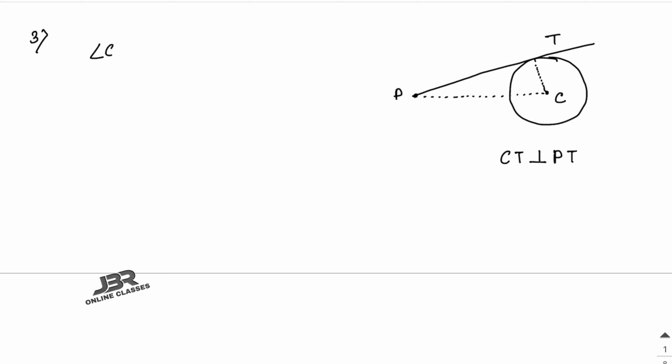That means here angle CTP equal to 90 degree, and here CT equal to the radius of that circle. Okay, that means here CT equal to 3 centimeter. And according to the problem, from a point at the distance 5 centimeter. Okay, so that means here CP equal to here 5 centimeter.